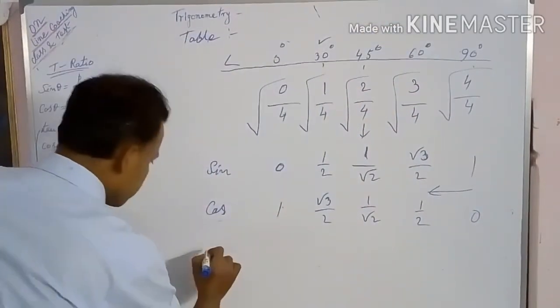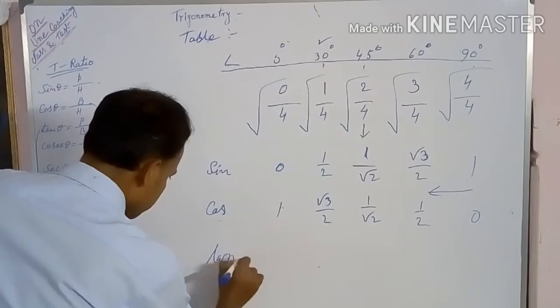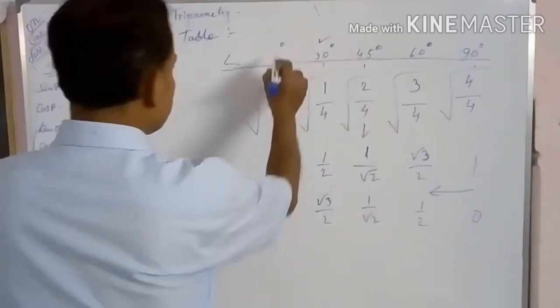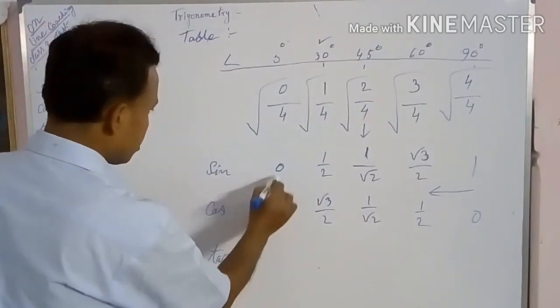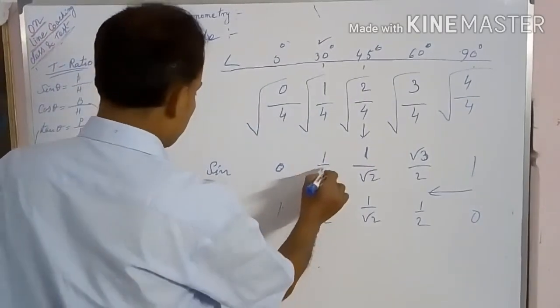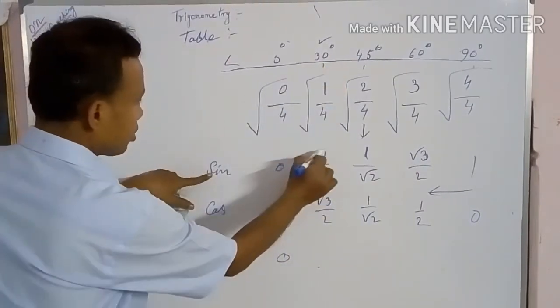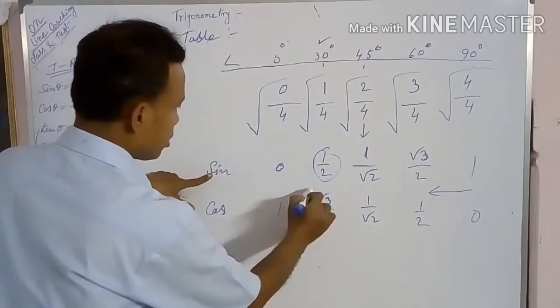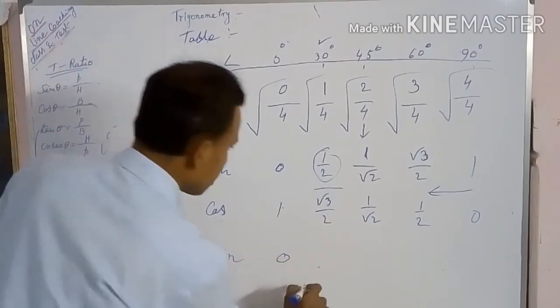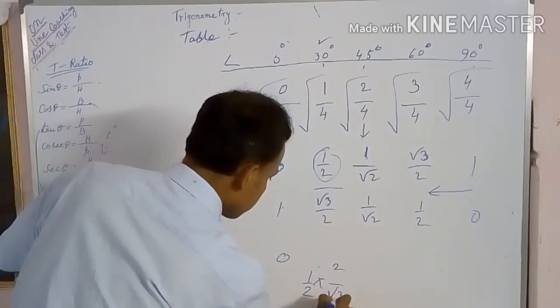And what is the value of tan theta? Tan 0 degree is equal to sine by cos. Sine is 0 by 1, which is equal to 0. Then sine by cos for 30 degree: dividing this value by this, that is half into 2 by root 3.